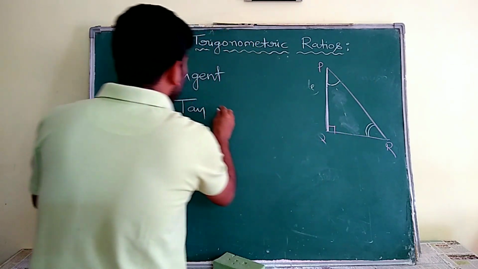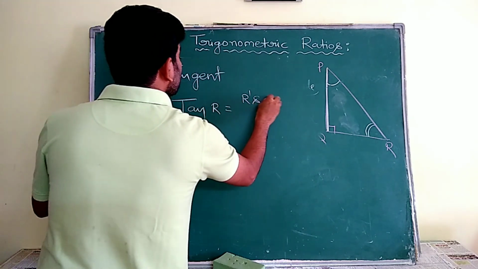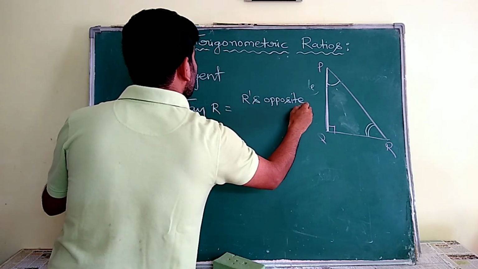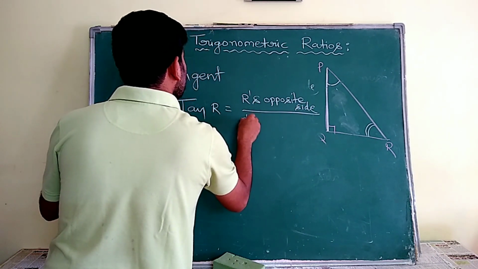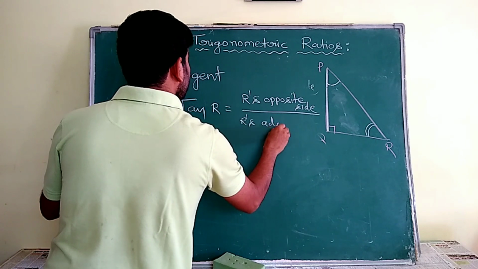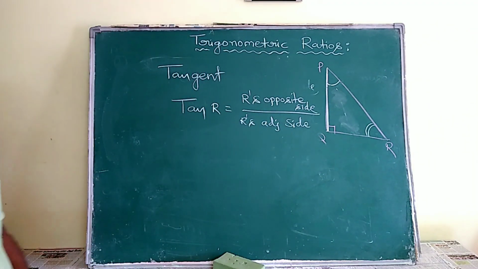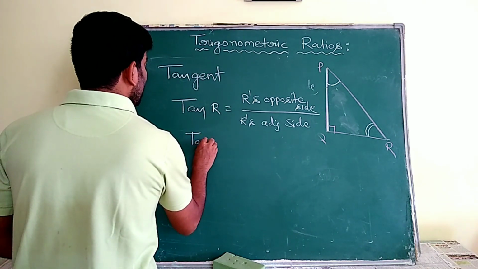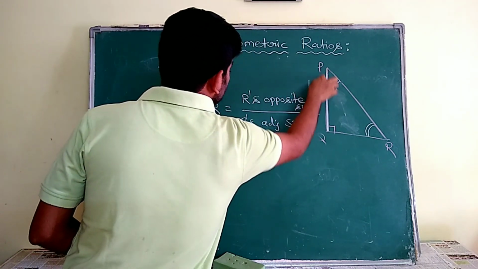With respect to r, tan r is equal to r's opposite side by r's adjacent side. This is tan r. So tell me what is tan r here. Tan r is equal to r's opposite side, which is pq.